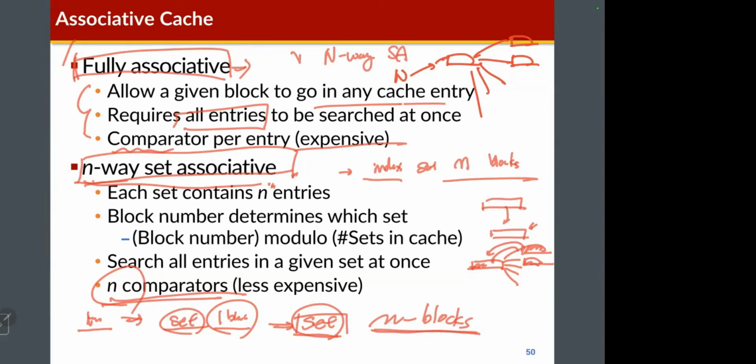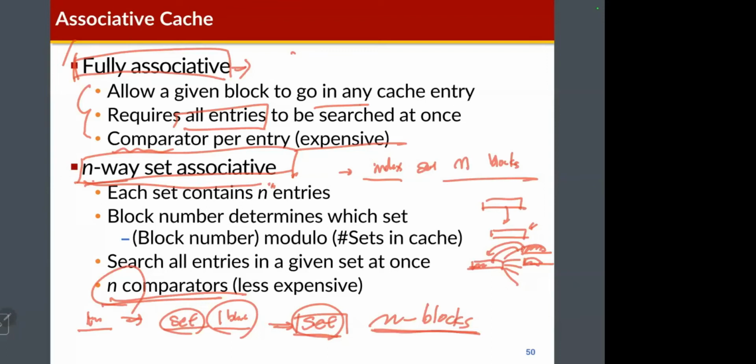But what is the disadvantage of n-way set associative cache? With the n-way set associative cache, we require n comparators. That means we need to compare the n tags of the n blocks in the target set.